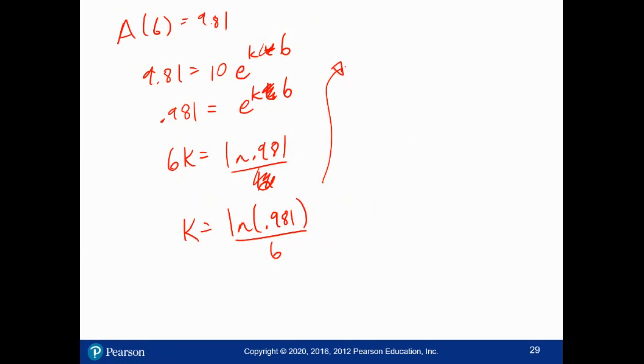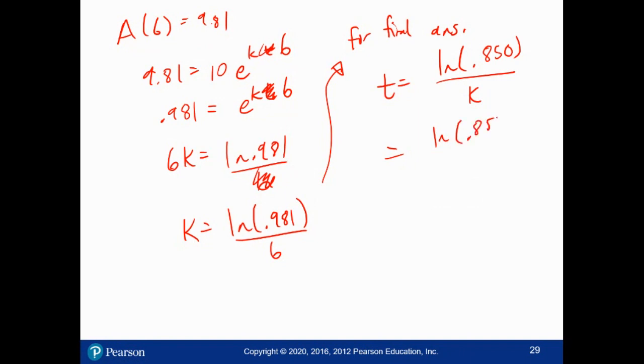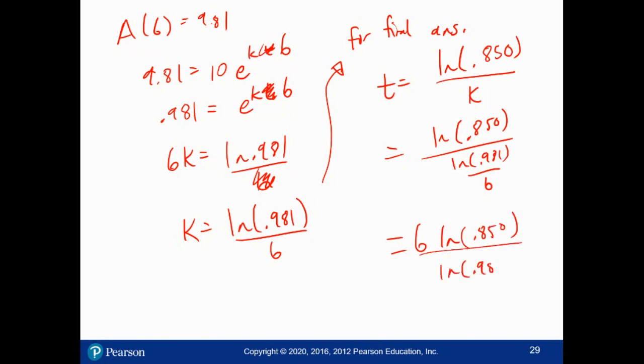And now I can take this back to what we've already done. For the final part, we want the time t to be the natural log of 0.850 over k, which is the natural log of 0.850 over the natural log of 0.981 over 6, which I can simplify down a little to be 6 log 0.850 over log 0.981.